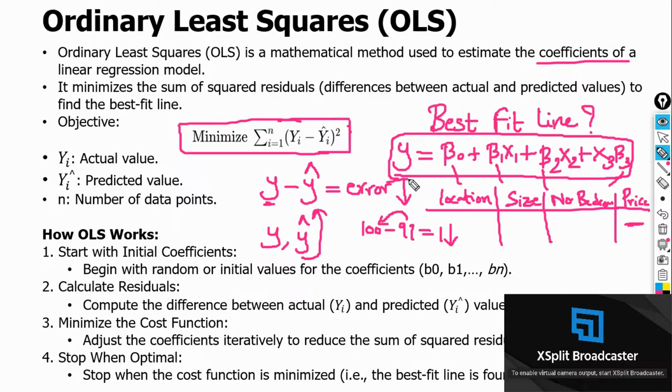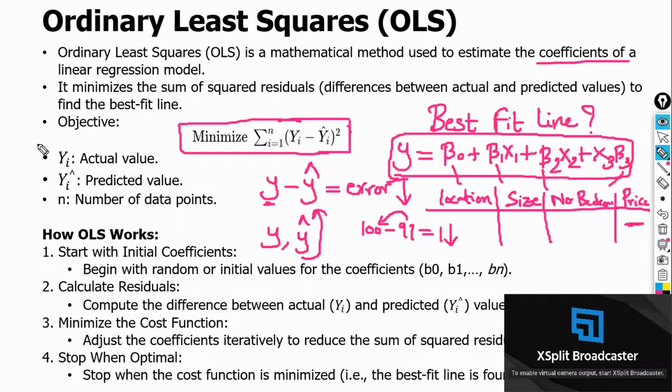See, when the error is less, the model that was built is the best model. How it works we'll understand within a few minutes. But this is what happens when we use OLS, ordinary least squares.